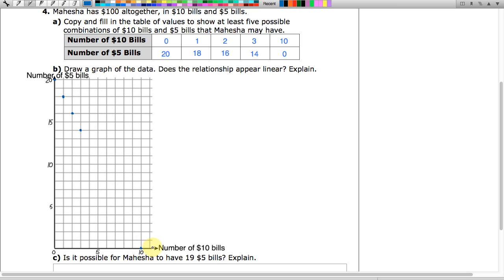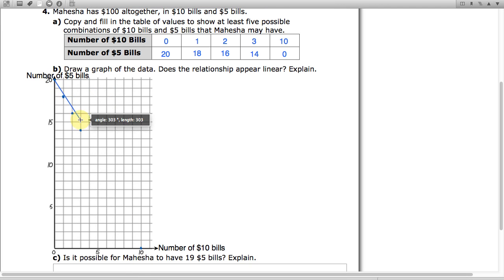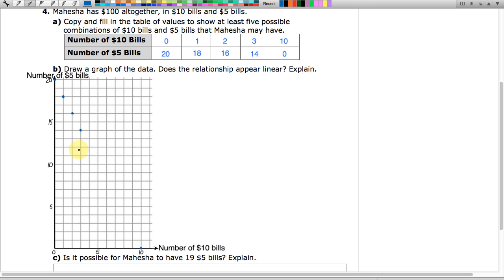But you know what? We could always continue this pattern. I mean, it looks to me like this is a linear relationship, right? All of these points are on the same straight line, but it doesn't really make sense to connect the dots because you can't really have the in-between values.